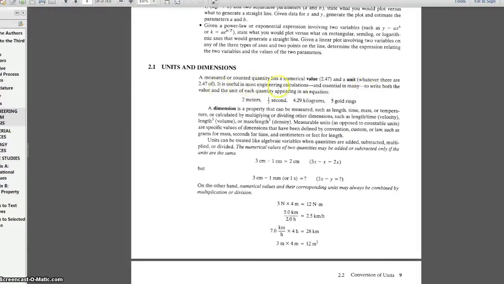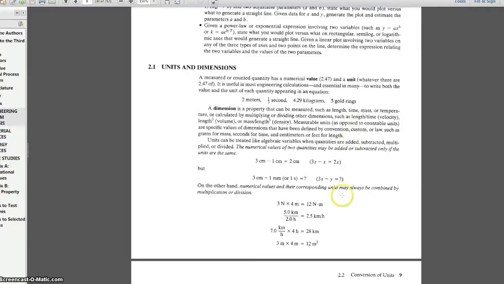It is useful in most engineering calculations and essential in many. So let's say you have 2 meters: the 2 is the numerical value, and meters is what they call a unit. It's the same with seconds, kilograms, and so on.